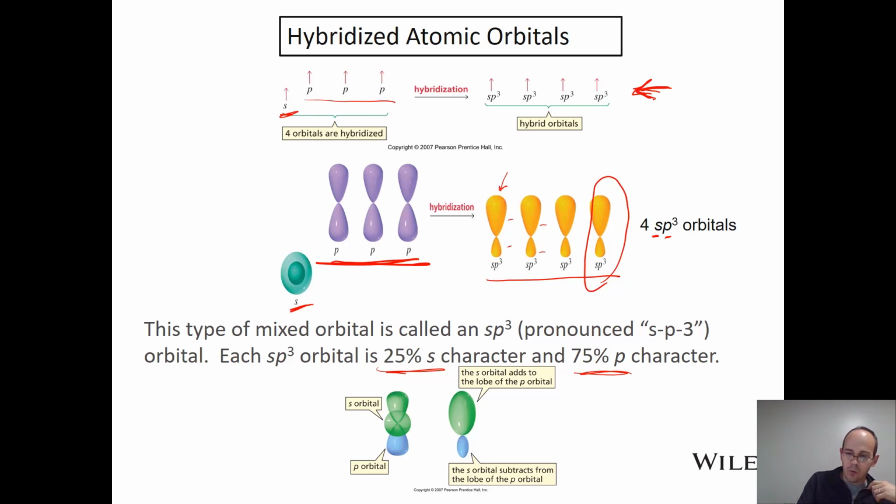It gets us to 4 equal energy orbitals. We don't have 1 s and 3 p's with different energy levels. We have 4 equal energy orbitals. And now this works with the Aufbau principle. Now, instead of having a half-filled s at lower energy, I have spin parallel 4 orbitals, all of the same energy. And that means that I have 4 half-filled orbitals that can participate in 4 bonds around that carbon.